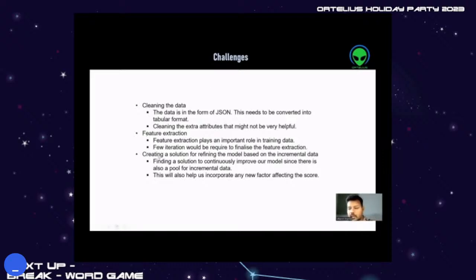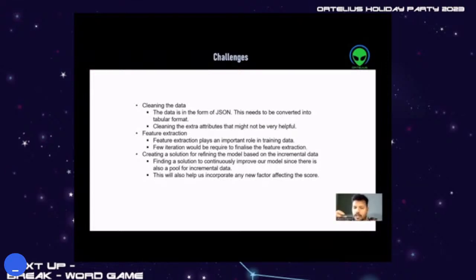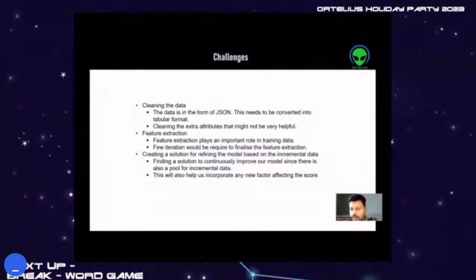The next challenge is, right now we are pulling the data from the Open Source Security Foundation and training our own model. But we have to find a solution wherein we can leverage the data that is already there at the Open Source Security Foundation side, and use the incremental data that gets stored there to refine our model.